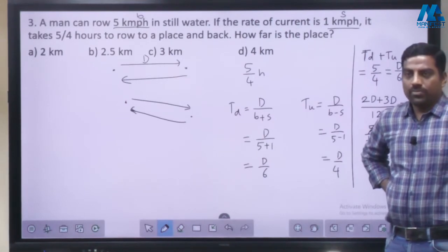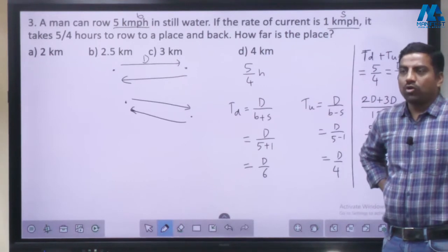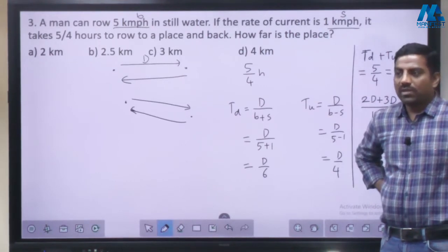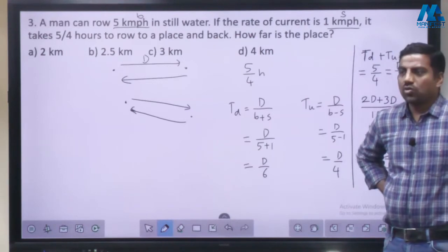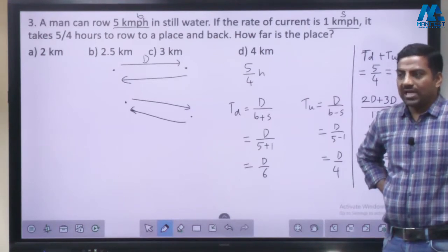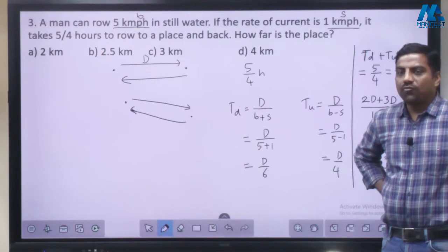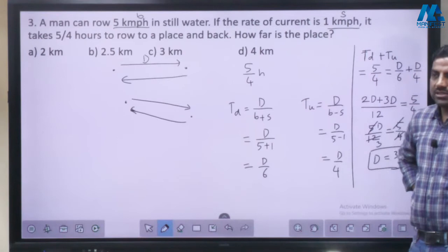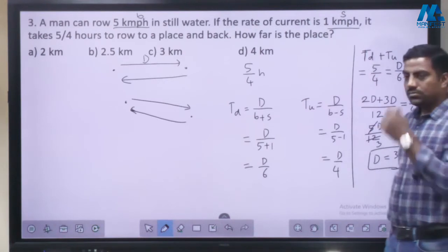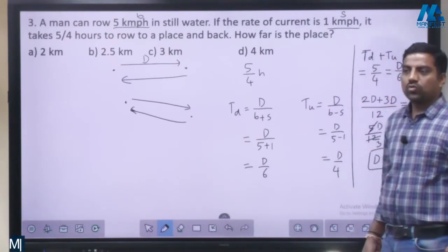While coming upstream, 3 kilometer divided by 4 kilometer per hour. 3 by 4, nothing but 45 minutes. Yes or no? While going, half an hour. While coming back, 3/4 hour. Half plus 3/4 is how much? 1 integer 1 by 4, nothing but 5 by 4. Done. Yes? Yes or no?